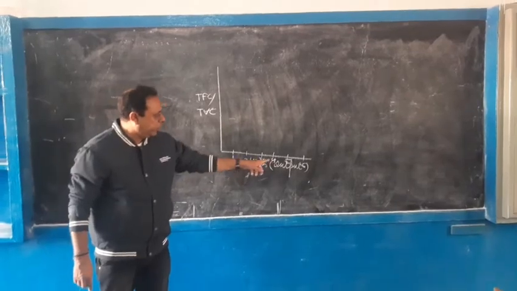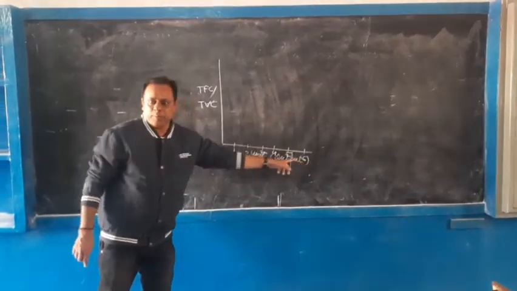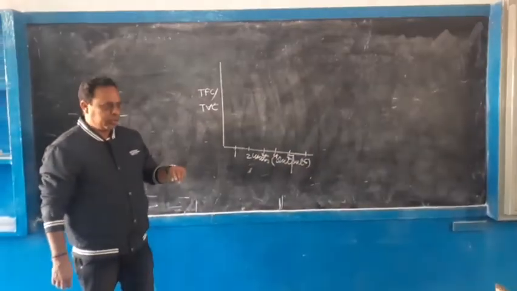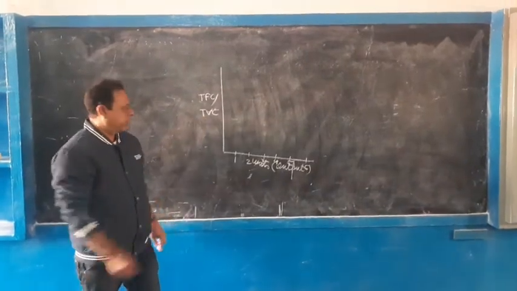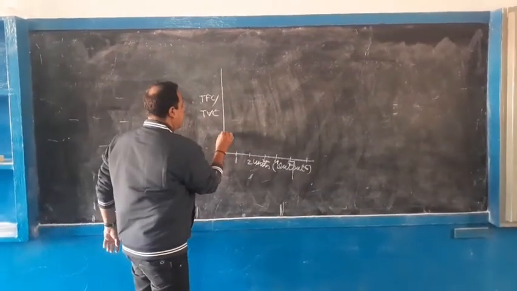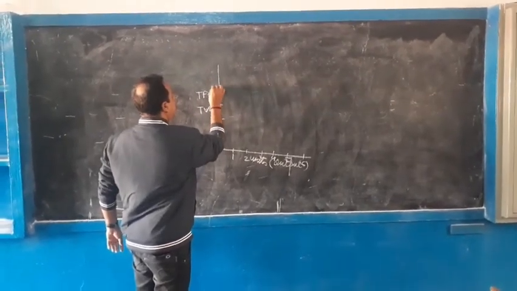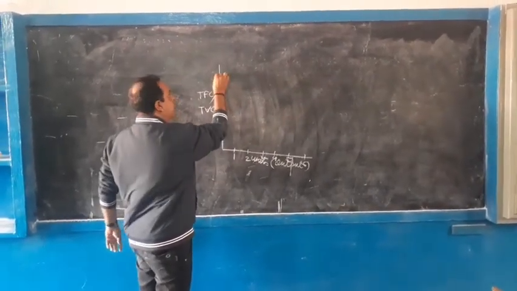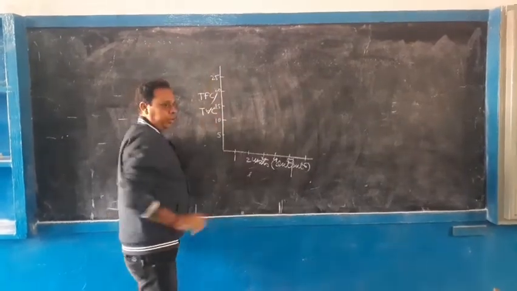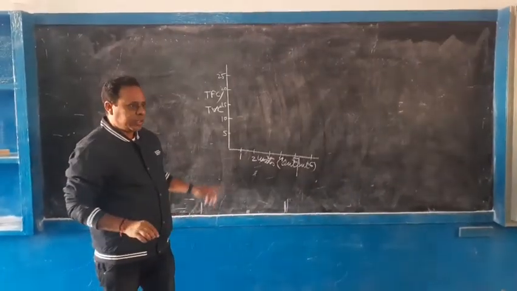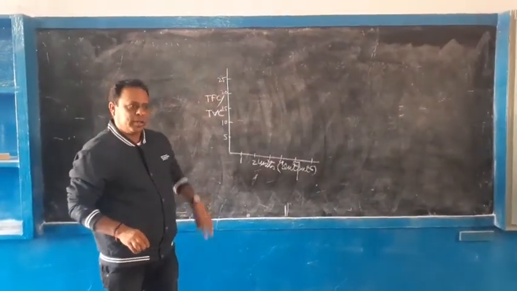So 1, 2, 3, 4, 5, 6, for example, these are the number of units. And for total fixed cost, here I am just putting random values of cost: 5, 10, 15, 20. It may be 20,000, it may be 20 lakh, whatever may be the rate, just in order to make you understand.